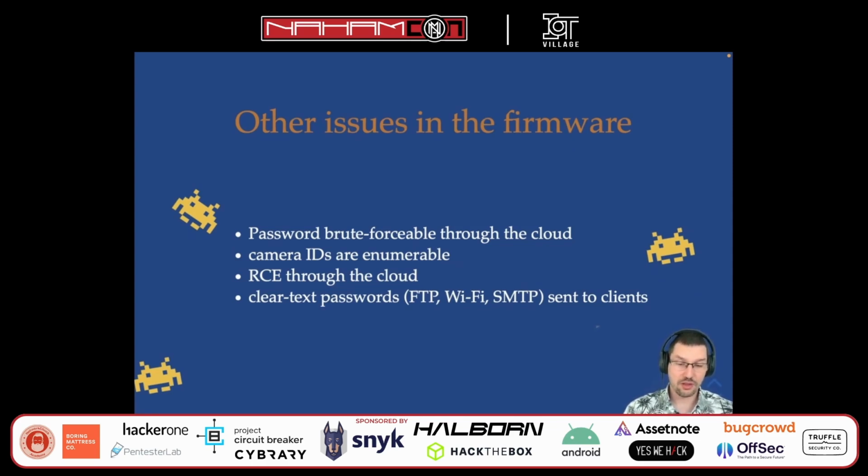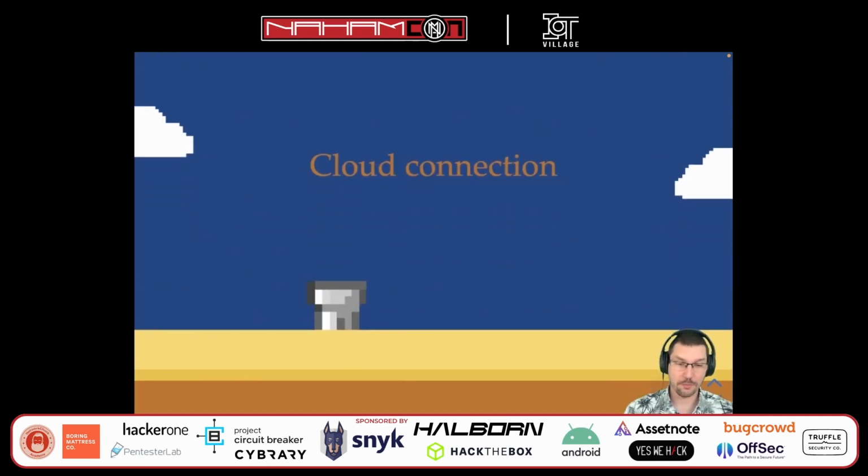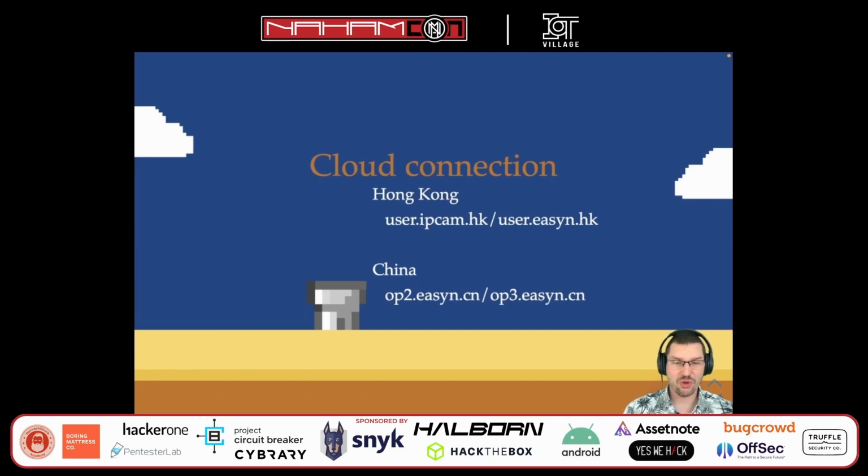So it's not just that you instantly leak your camera password, but for example, your home Wi-Fi password as well. And I also find it pretty bad design that there is no user interface button to turn off the cloud connection.